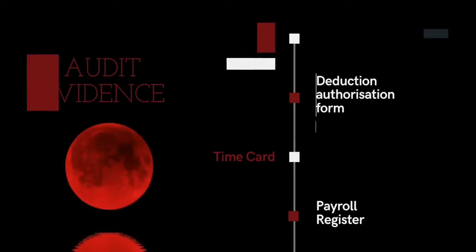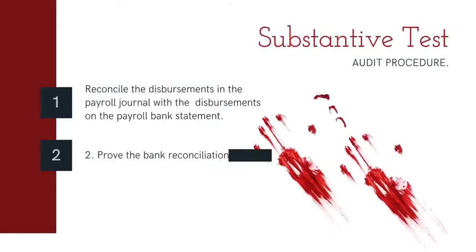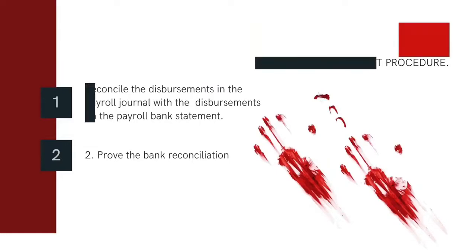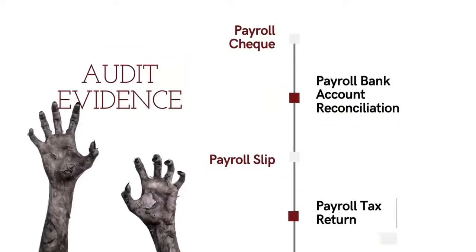For such cases, the control involved is the disbursement in the payroll system with disbursement for the payroll time period. Second, providing proof from the bank reconciliation. And as follows how the audit operates.